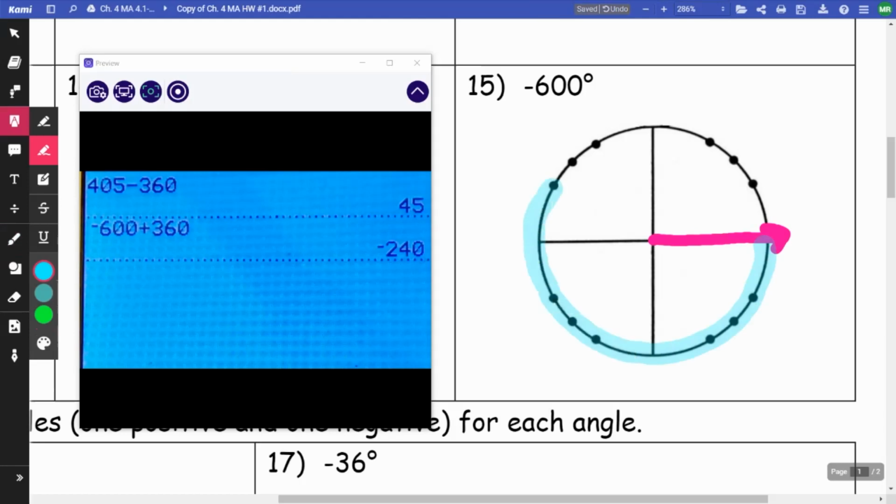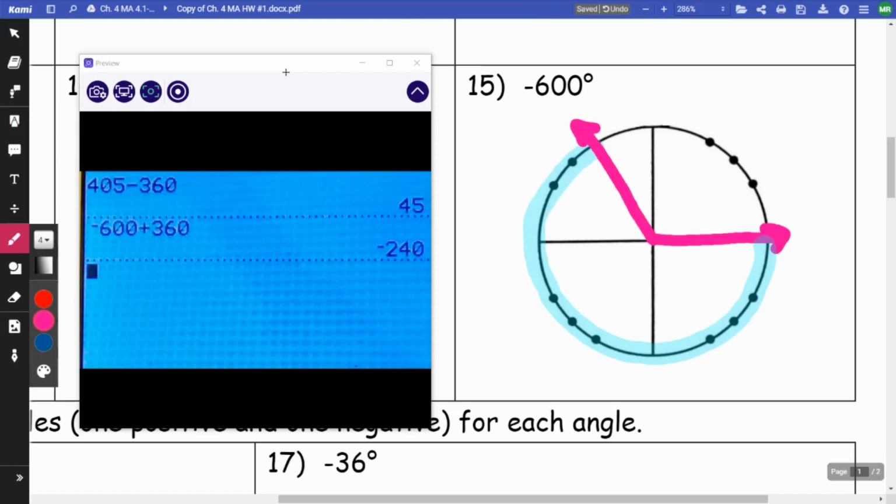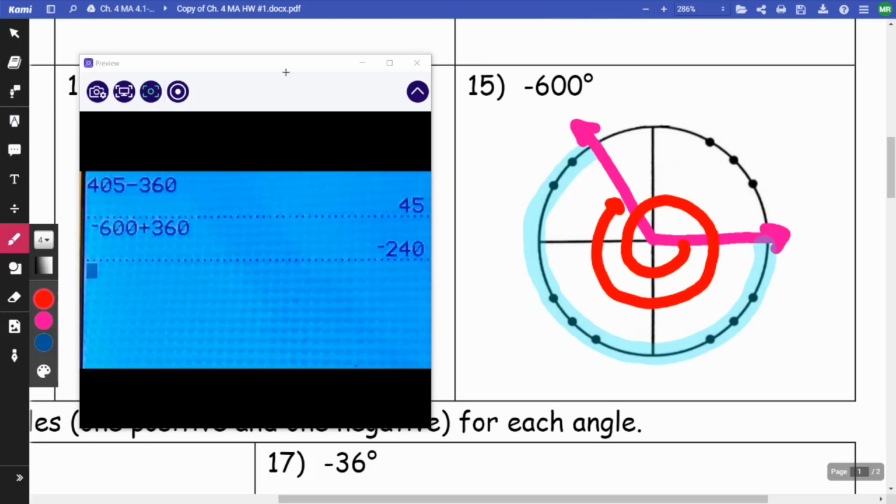I need to go 60 more, which is going to put me right here. And so I'm going to be going to here now. Remember, this was not from here to here. I went here all the way around 360 because I subtracted 360 once from this. And then to here.